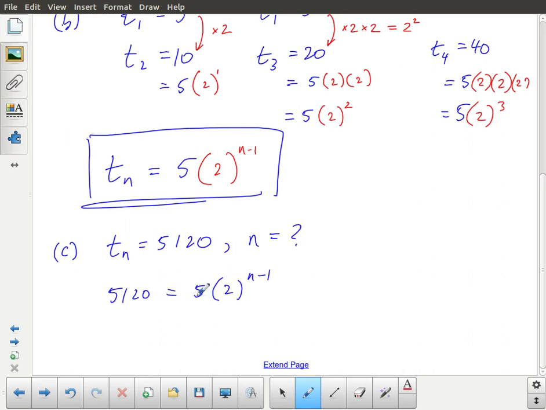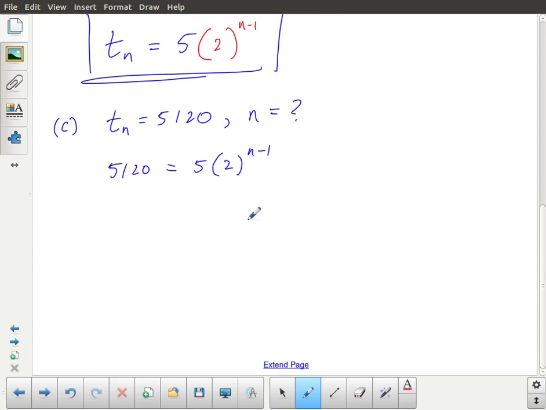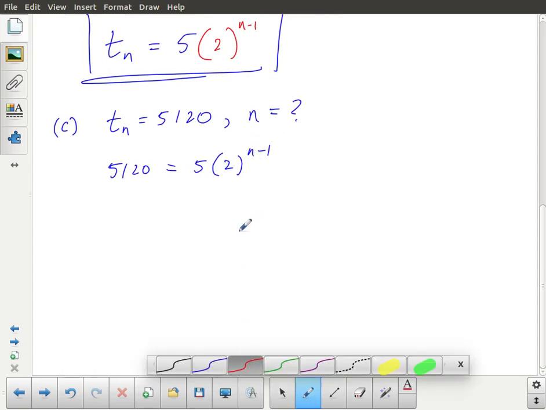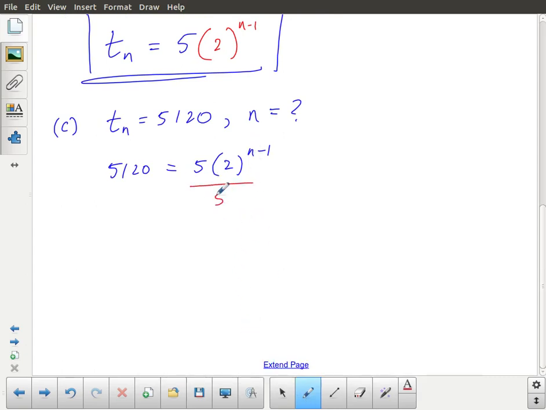Because it is in the sequence, this should work out nicely. I should get an integer value for n. The first thing I need to do is get rid of that 5 in front. That 5 in front is multiplication, but the rest of this is an exponential function, so I need to respect my order of operations and get rid of that 5 first.